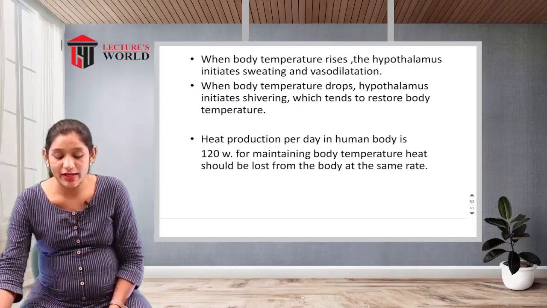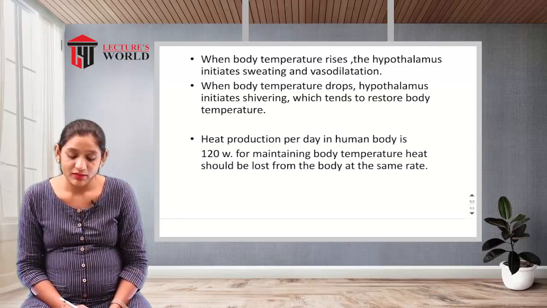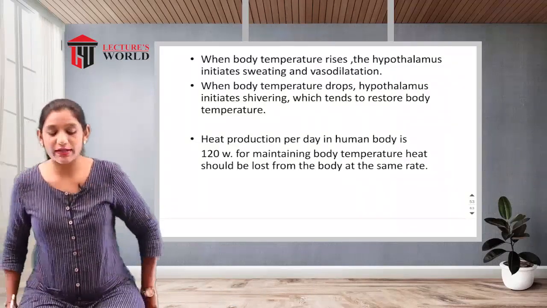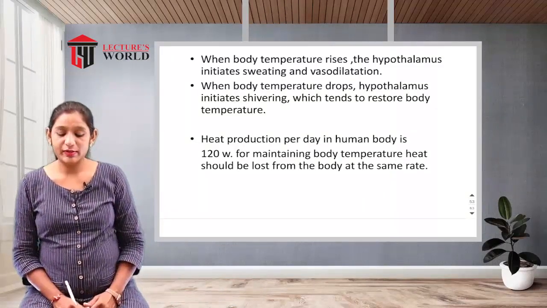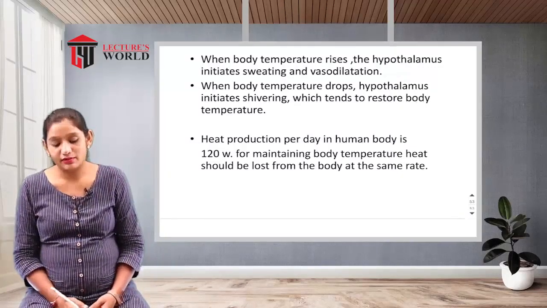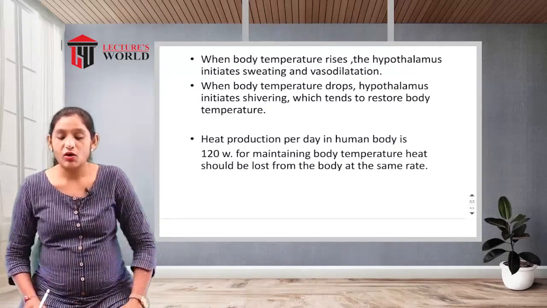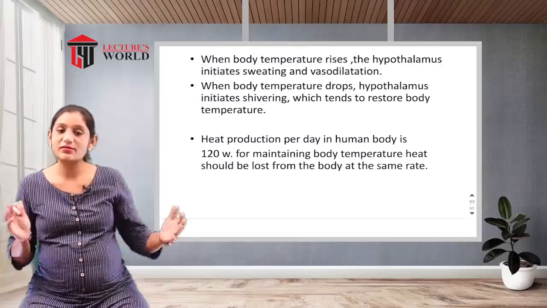Heat production per day in the human body is 120. This is the factor for maintaining the body temperature, and heat should be lost from the body at the same rate.